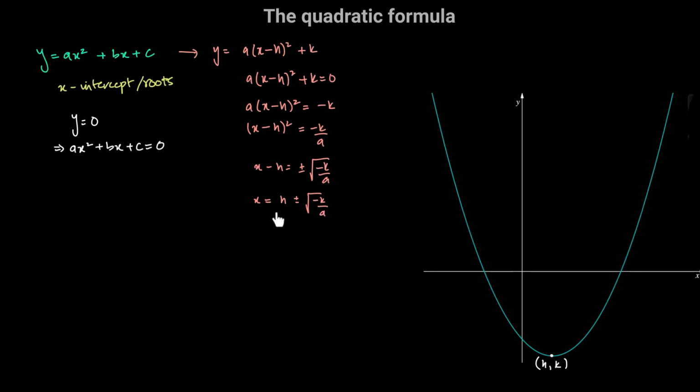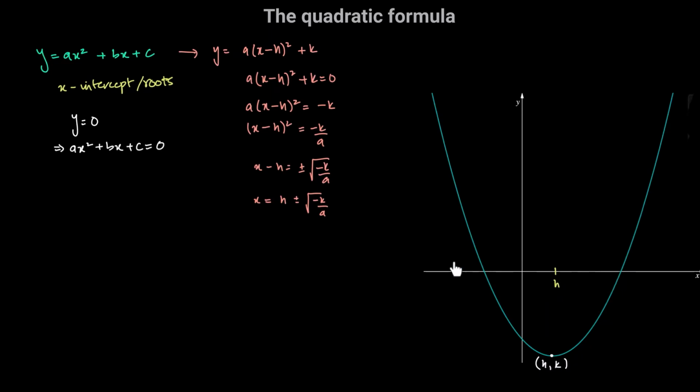Now, how do we interpret this result? Well, first of all, it's important to note that h is simply the x-coordinate of the turning point of this parabola, in other words, the x-coordinate of the vertex. So if I have a parabola like this, the way I've shown it, intersecting the x-axis at two different points, those two points are going to be equidistant from the vertex since the parabola is symmetric.